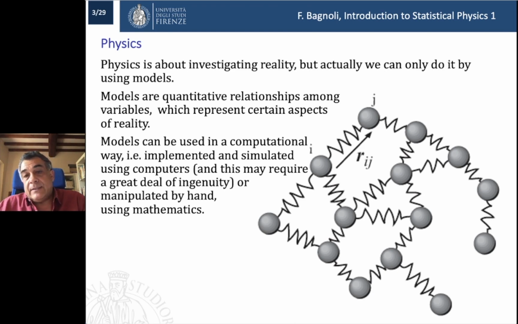Models are relationships among different elements, in particular when we use mathematics, relationships among variables, which represent only certain aspects of reality. Clearly, we have to restrict these for two reasons.